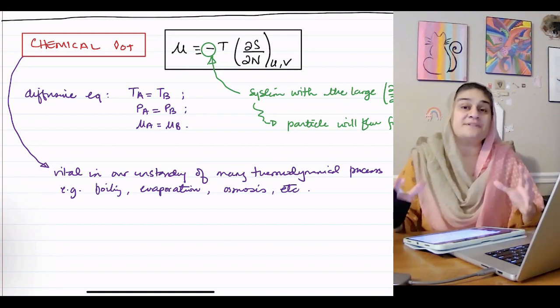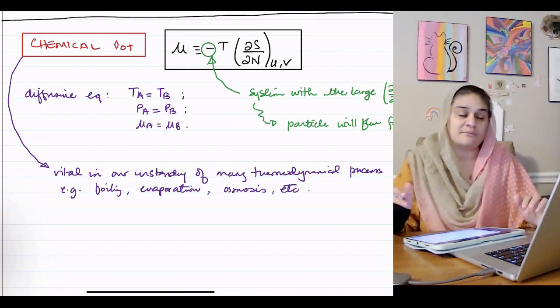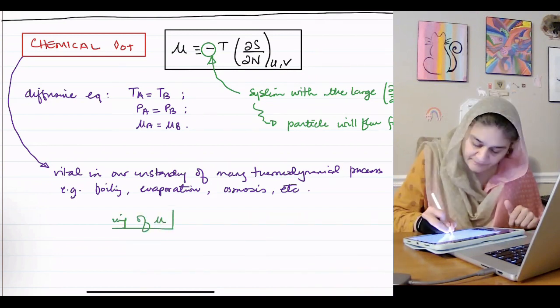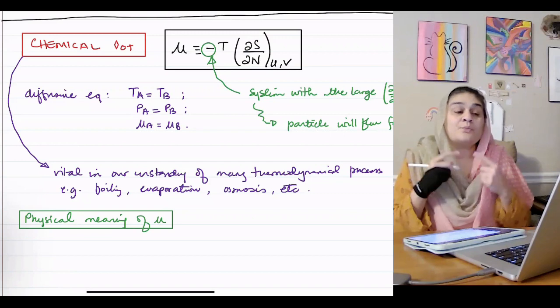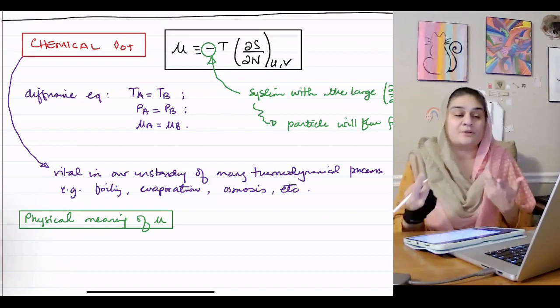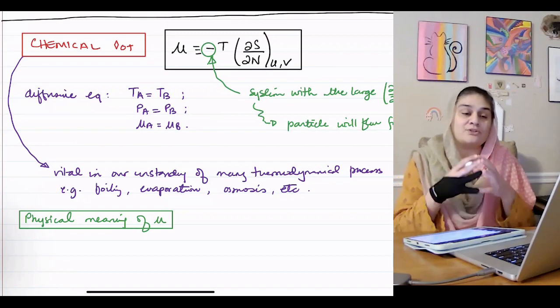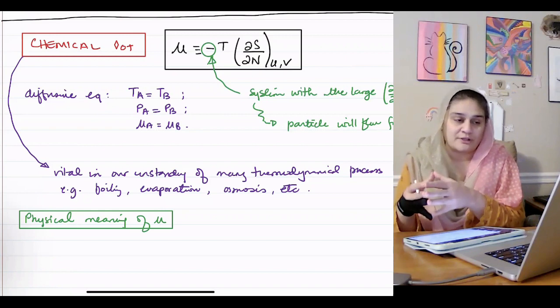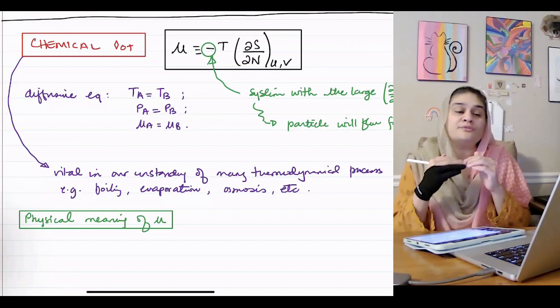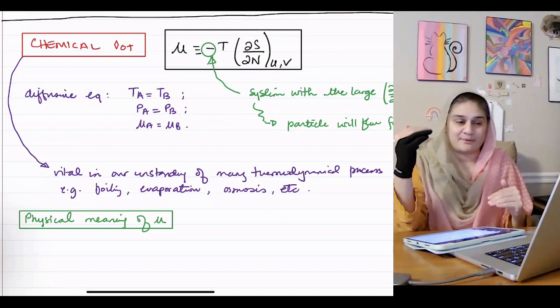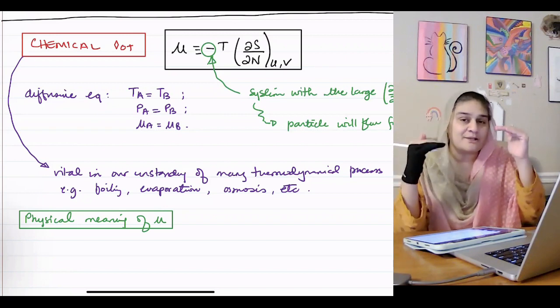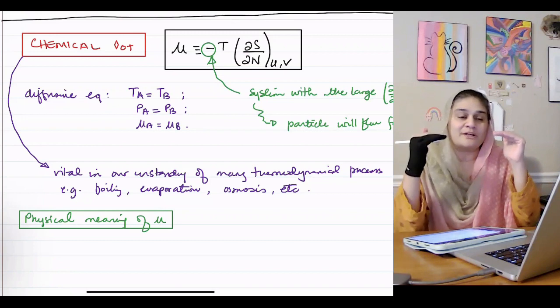Now, what is the physical meaning of chemical potential? When two systems with different chemical potentials are brought into chemical contact with each other, particles will move from a system at higher chemical potential to the system at lower chemical potential until they both reach chemical equilibrium.